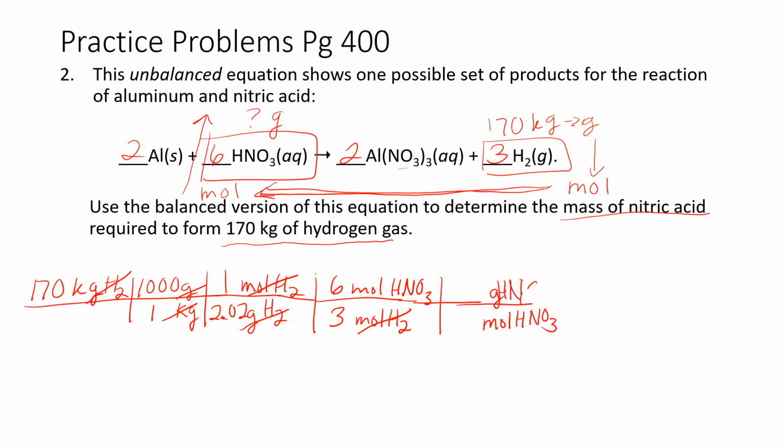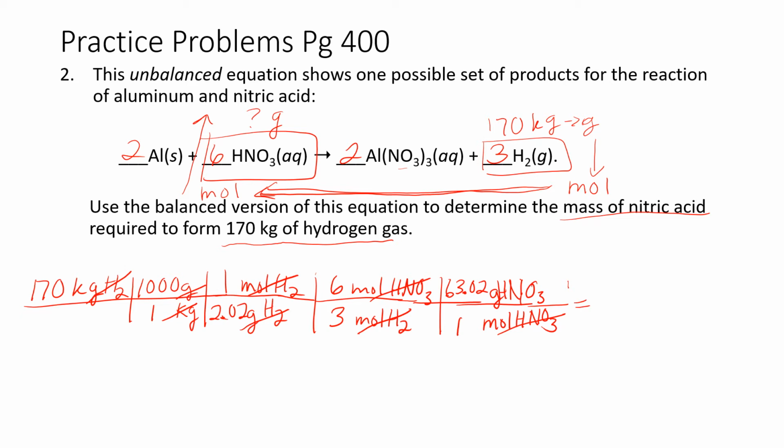So in 1 mole, we need the mass of that. Hydrogen is 1.01, nitrogen is 14.01, plus 3 oxygen, so 3 times 16, and that gives me 63.02 grams of nitric acid per mole. And that allows us to cancel the moles.